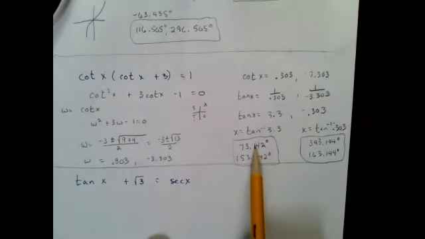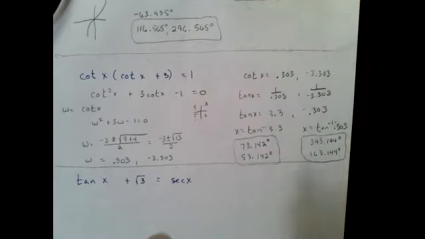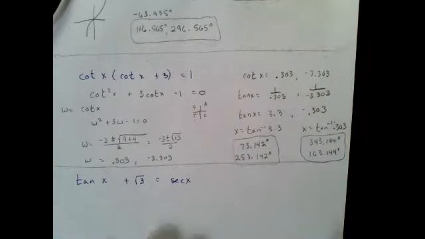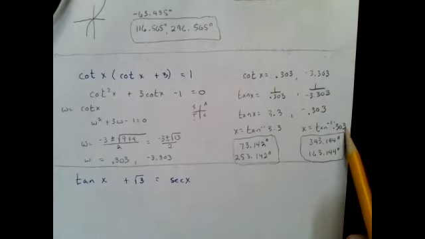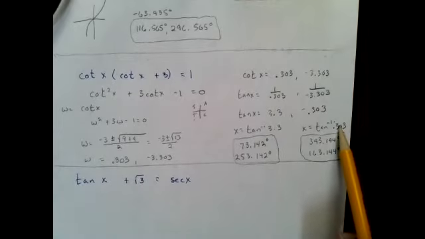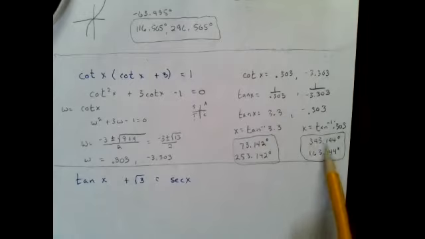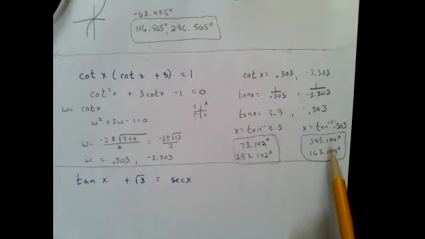So when I found my first quadrant answer, I added 180 to it, and dumb me doesn't know how to add 180. 253. My second one was a negative degree measure, which puts me in the fourth quadrant. I subtracted it from 360. And then in order to get from the fourth all the way back to the second, I subtracted 180.